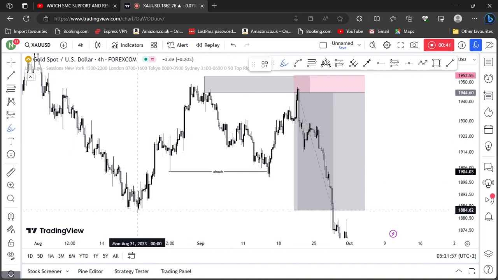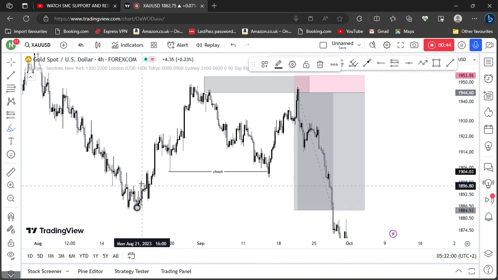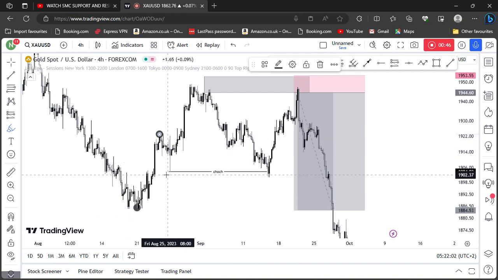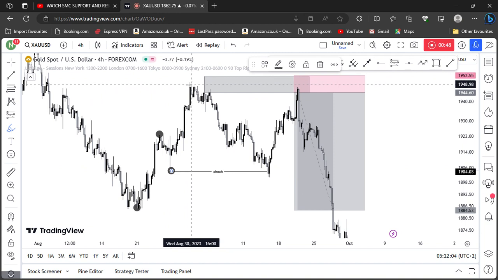So guys, as you can see, the price was giving us higher highs, indicating that the price was in an uptrend, right? But then this changed.